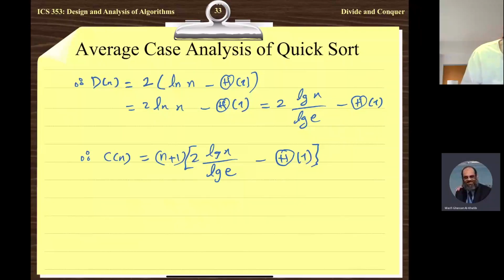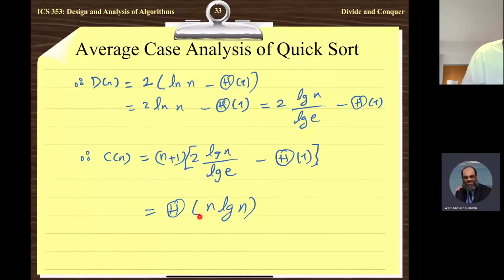Now, 2 over log e is a constant. So we get n log n plus log n minus some constant. So this is big theta of what, guys? This is big theta of n log n, which is very interesting. The average case behavior of quicksort is, in fact, equal to the best case, which is n log n.